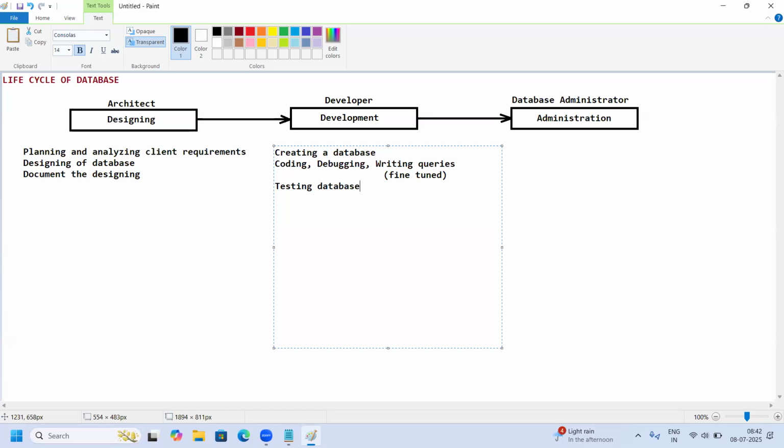That is the meaning of fine-tuned queries. These are the responsibilities of whom? Developer. The developer is involved in these activities.